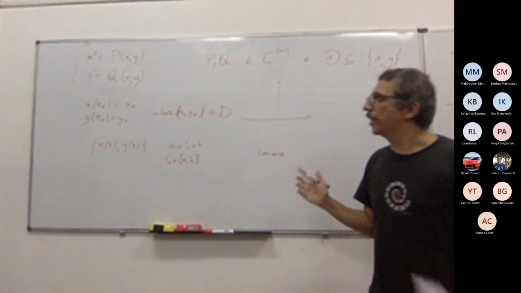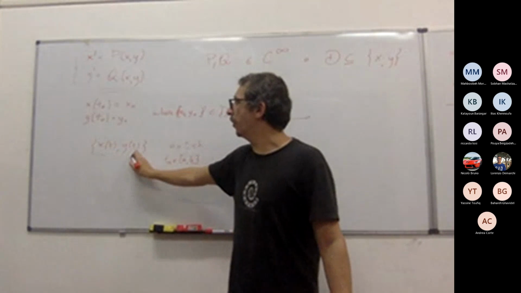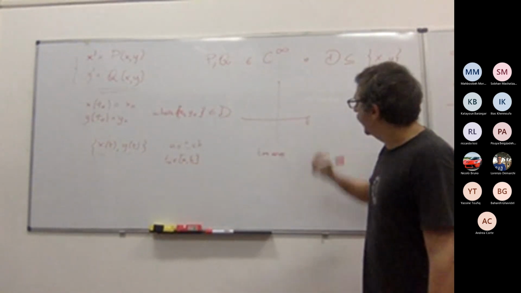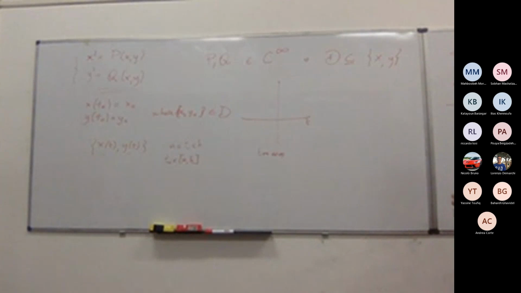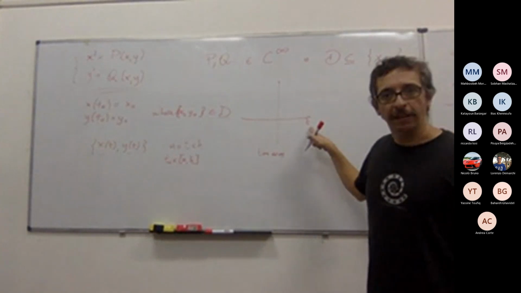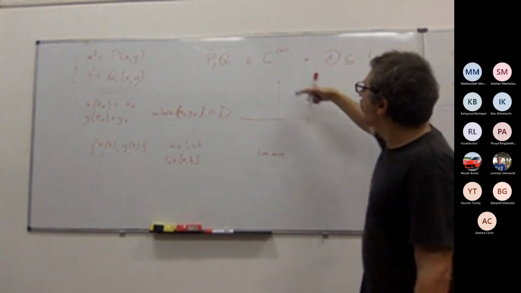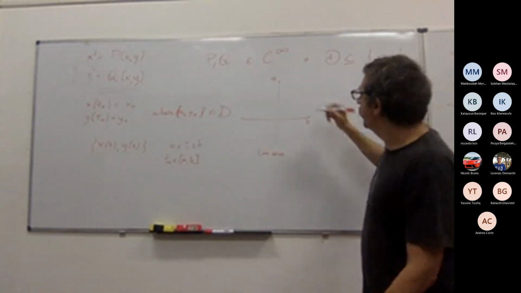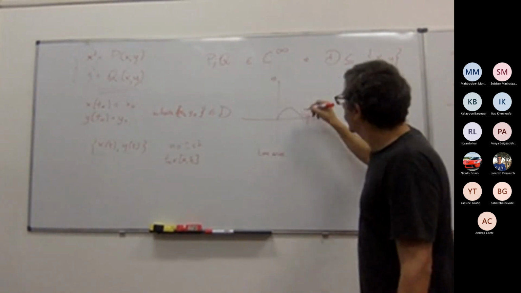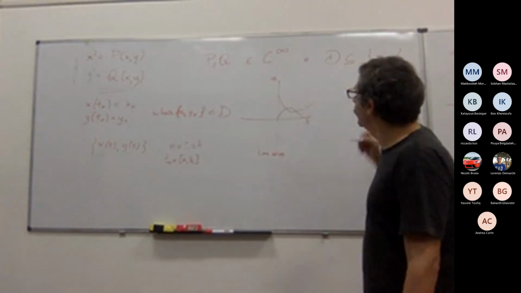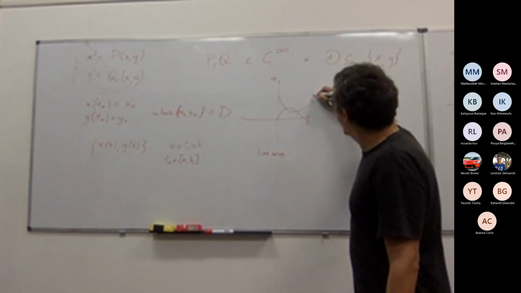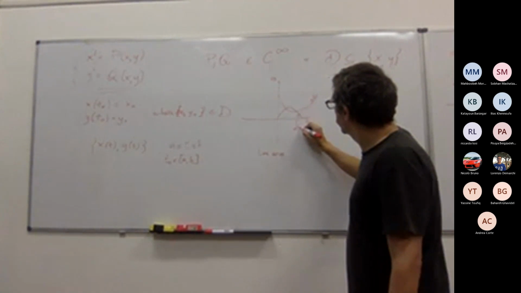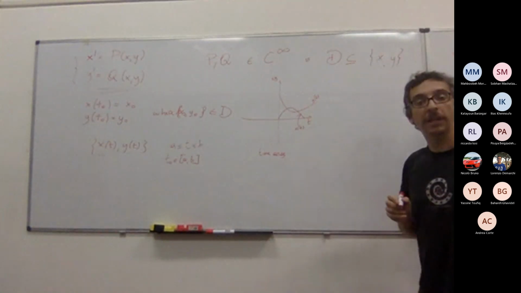So basically, imagine that you have some specific functions x of t and y of t. Here you have a plot in which on the x-axis I have t, the time, and on the y-axis I have either x or y. And what I'm doing here is to plot the two functions, y as a function of t and x as a function of t.